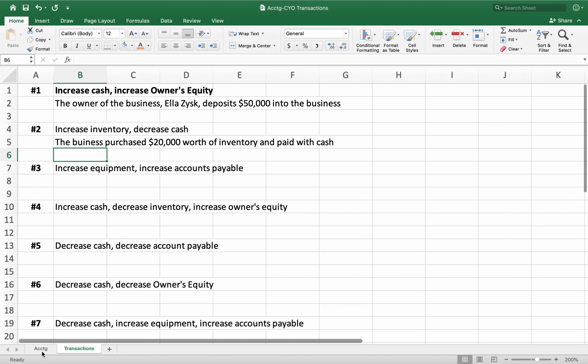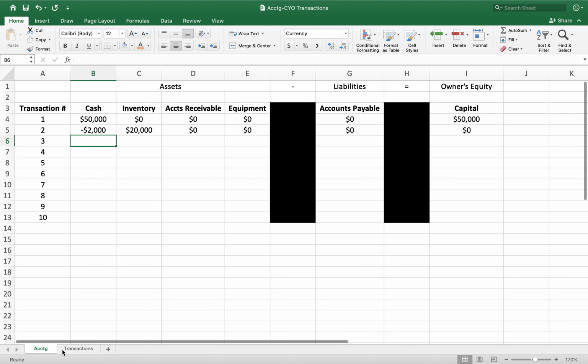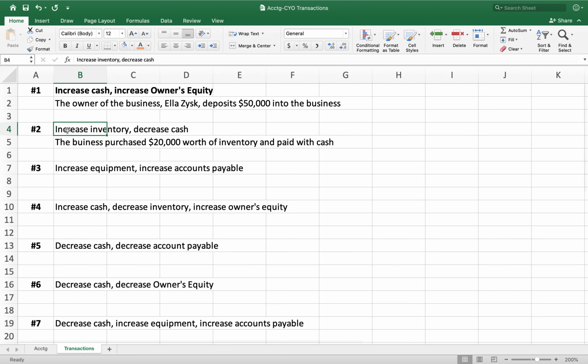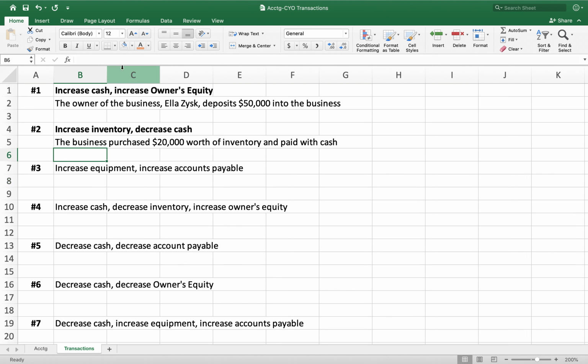Boom, right? Very easy. We lost $20,000 cash. What did we gain? $20,000 inventory. We just traded one asset for another. And again, I've already told you what we're trying to do. Increase inventory, decrease cash. So it should be pretty easy from that standpoint. I misspelled business again. My left hand must not be working very well on the keyboard.